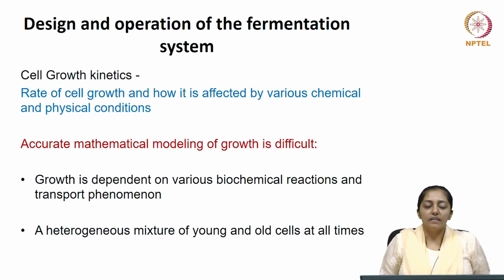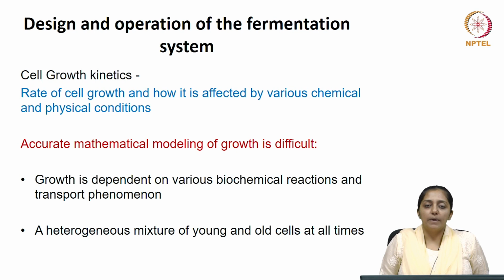Now, as I said earlier, the cell growth kinetics or cell biomass growth kinetics is nothing but the rate of cell growth, and we try to correlate it with various chemical and physical factors, how this rate is changing with those factors. When we determine this correlation, it takes a form of a mathematical model.